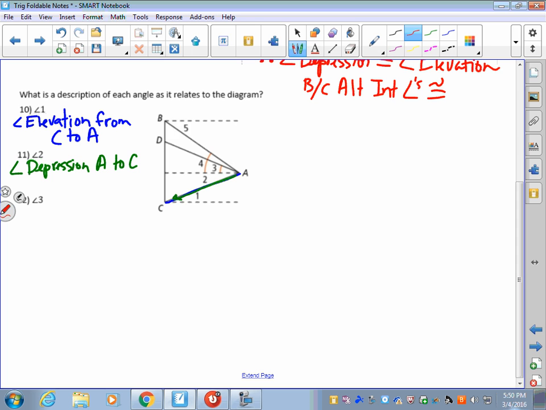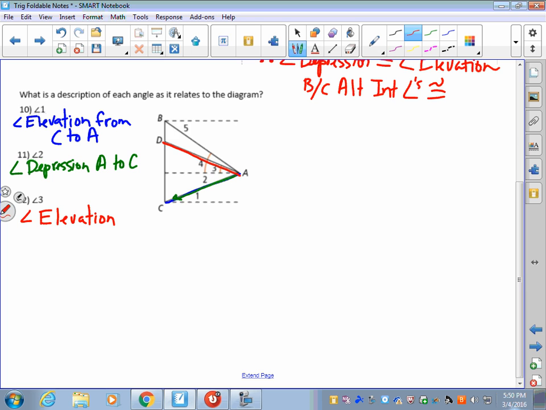angle 3. Angle 3 in relationship to the horizontal line is an angle of elevation, because it's above the horizontal line. Let's make sure we see the correct transversal or line of sight. It would be from A to D, okay? Not to B. Which angle do you think would be the angle of elevation from A to B?